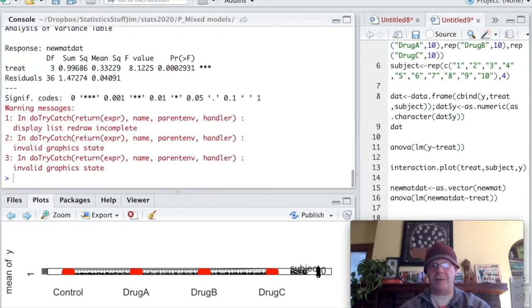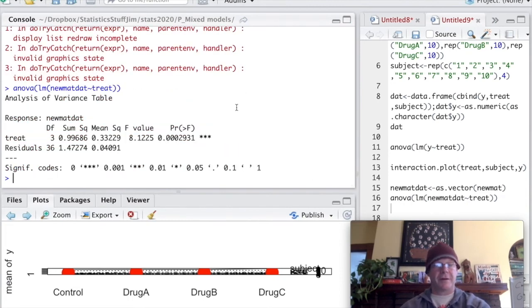And we go ahead and do that, and I get the same annoying warning messages I seem to always get. Now we look at this and the p-value is significant now, which it wasn't before, so that might make us feel good, but we should still not feel too good about this model because we still have 36 degrees of freedom in the model.